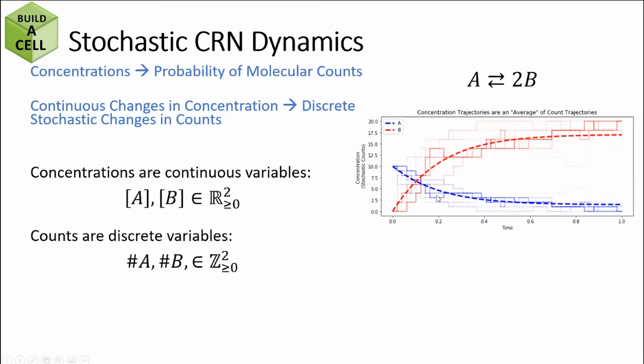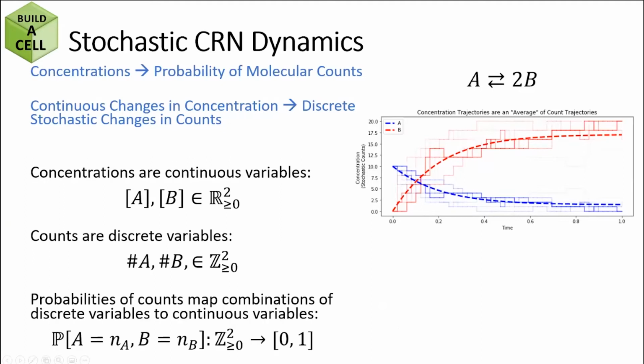So counts are on the integer lattice, and concentrations are real numbers. And again, this is showing you the deterministic simulations and the many trajectories, so just examples of the dynamics of a stochastic CRN. If I average over these stochastic dynamics, I get a probability distribution.